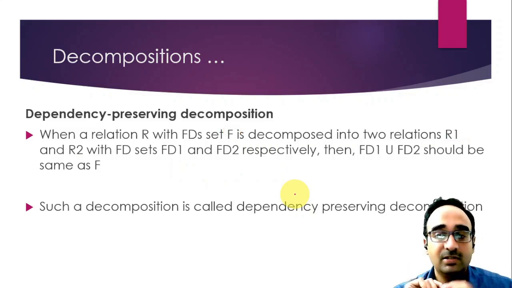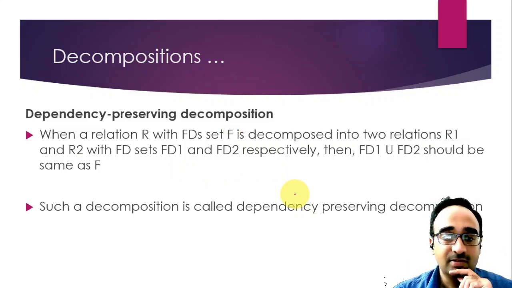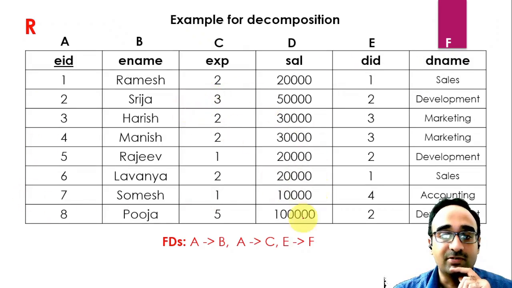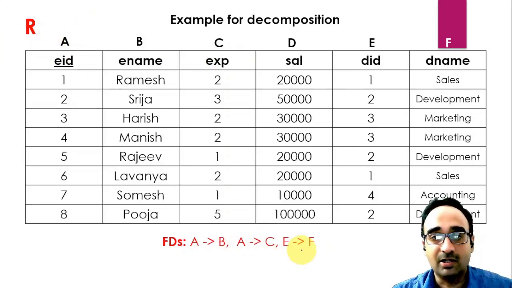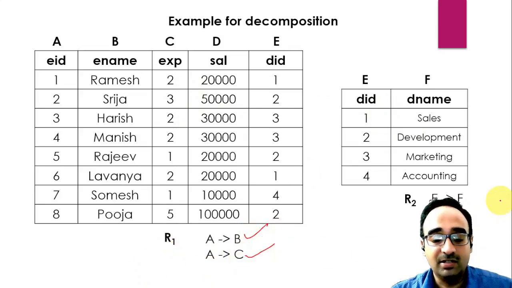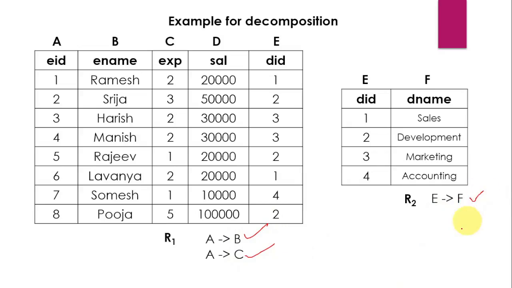It's very simple then. So I hope you remember this example from previous videos. This is the original table R, and there are 3 FDs, 1, 2, 3. Now we are dividing this large table into 2 tables, R1 and R2. Under R1 we got 2 FDs, and in R2 we got 1 FD.